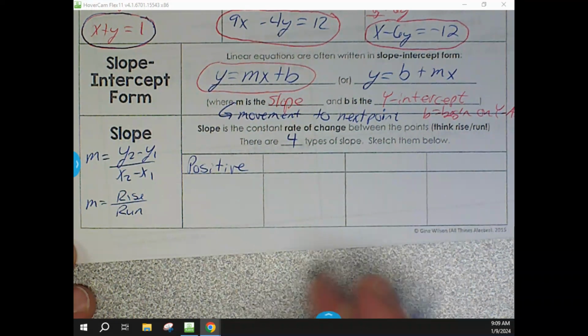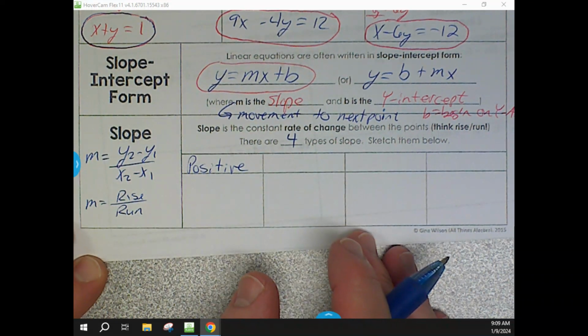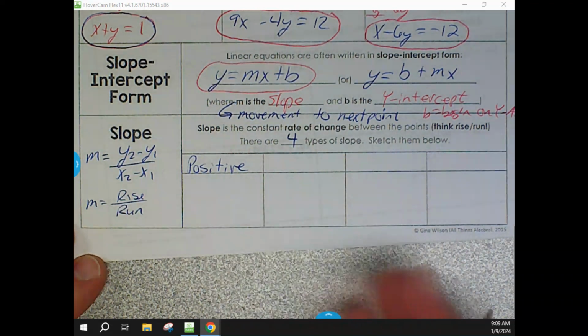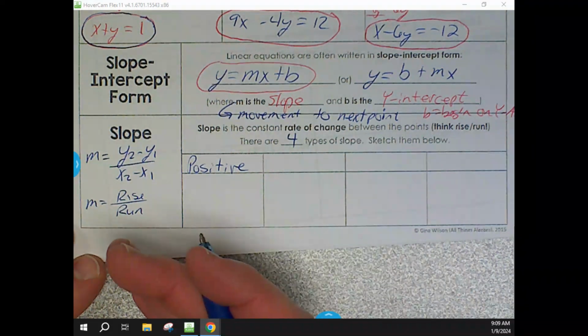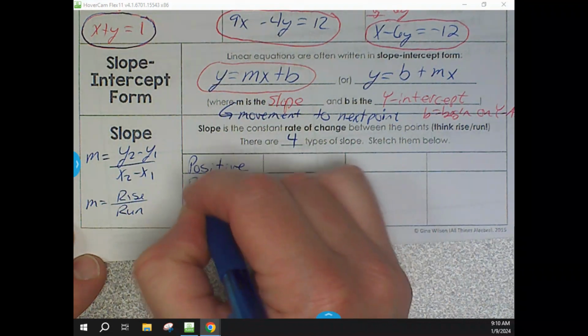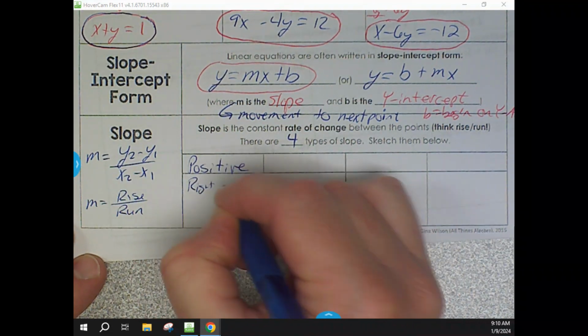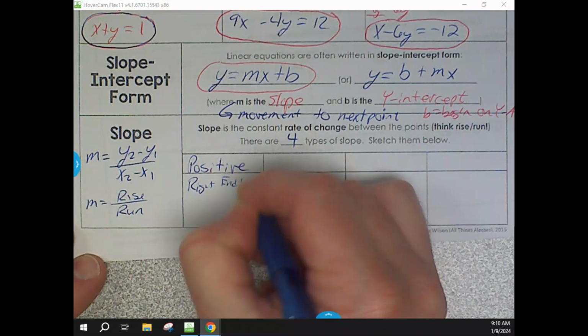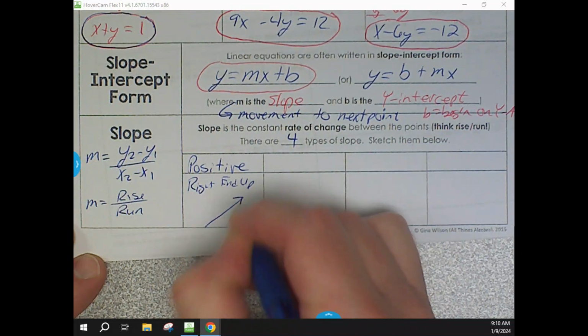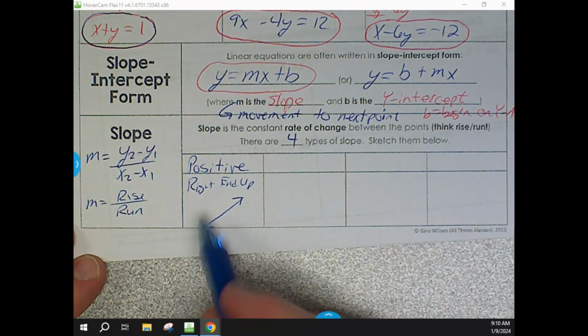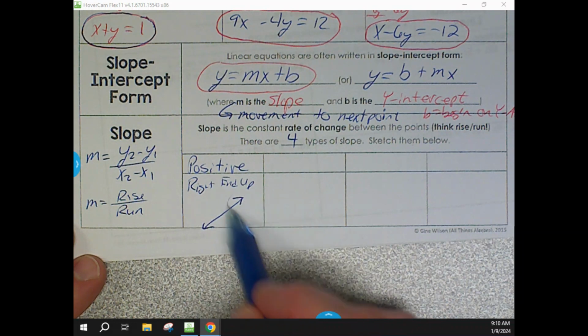Right. And if you have a positive slope, then we're basically going to worry about the right and left ends on this one. If you have a positive slope, then the right end is up. Doesn't matter how you want to say it. If something has a positive slope, we're going to look at the ends of it.